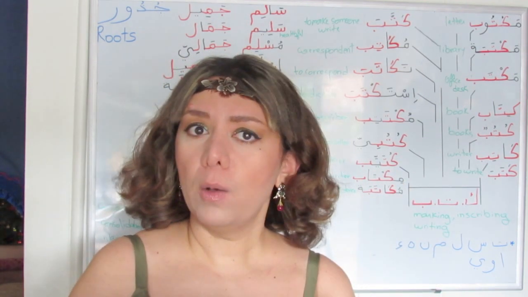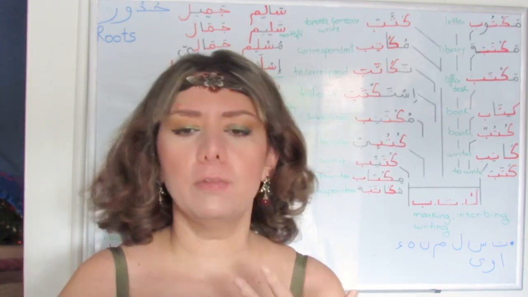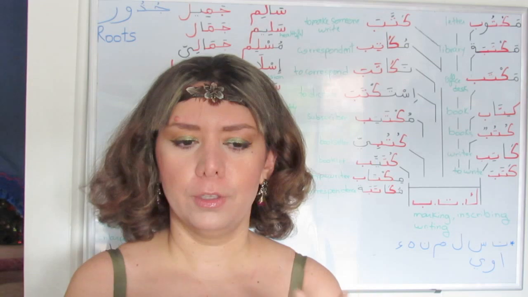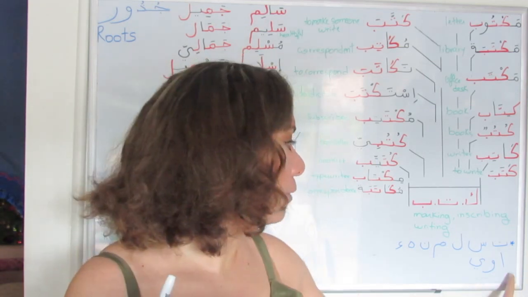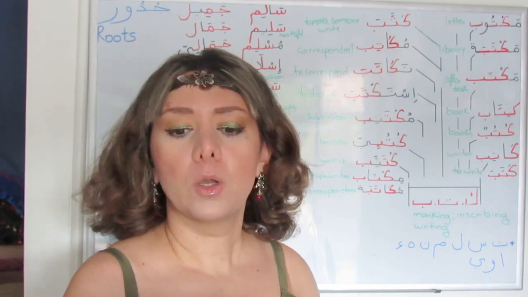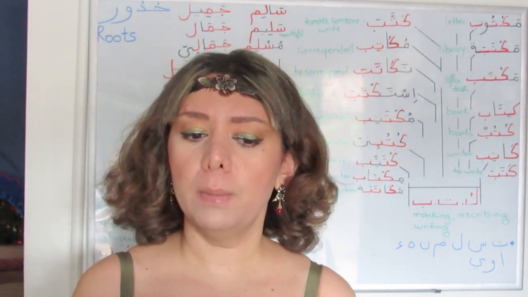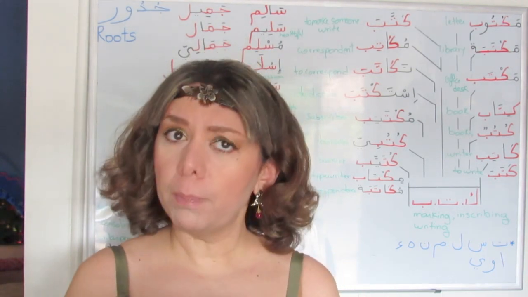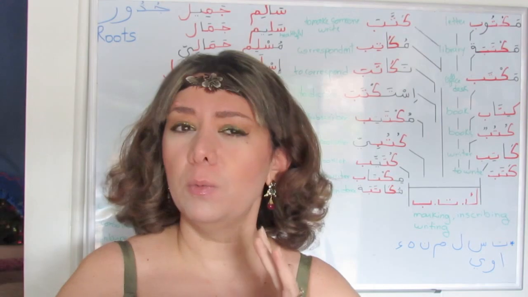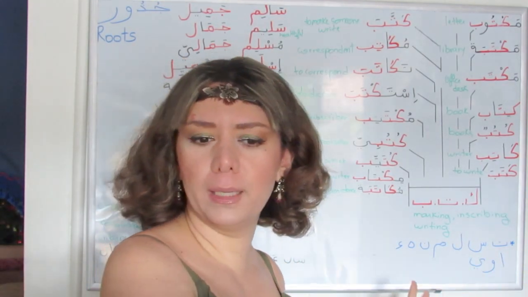And short vowels, fatha, kasra, damma, and ta marbuta will never be part of the roots. The long vowels, alif, waw, ya, also called weak letters because their shape changes depending on context, can be part of a root, but they will often be altered, as I explained in the beginning.